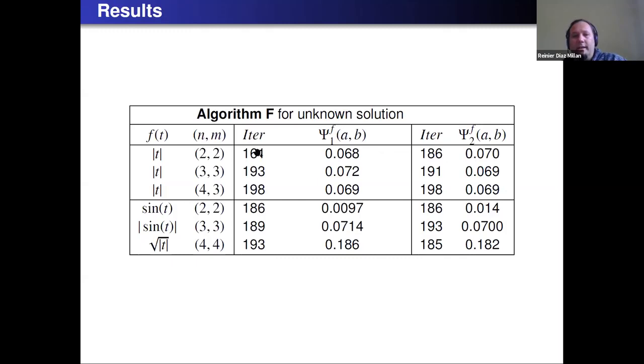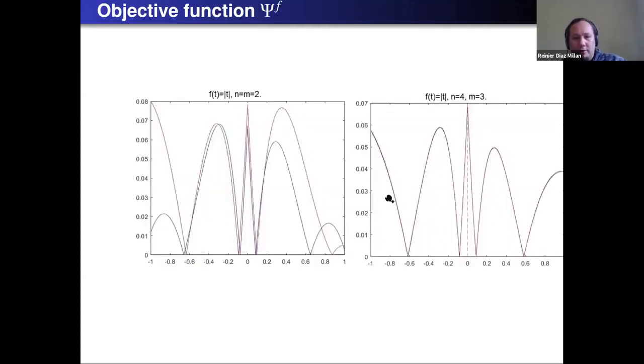Both algorithms have very similar behavior, but I think that the first algorithm or first variant in some points, not on this kind, are very competitive one to the other. And there are some pictures.